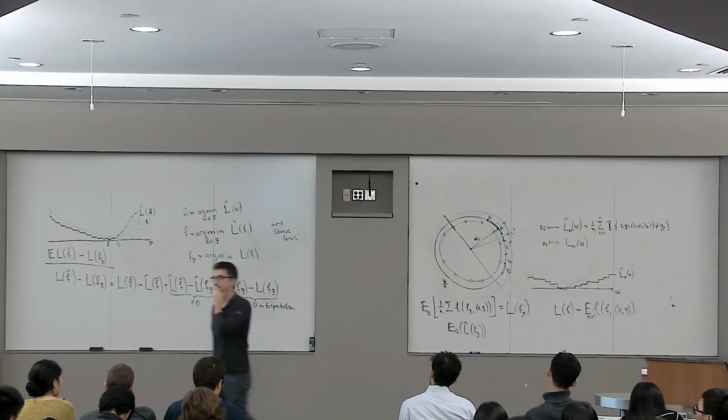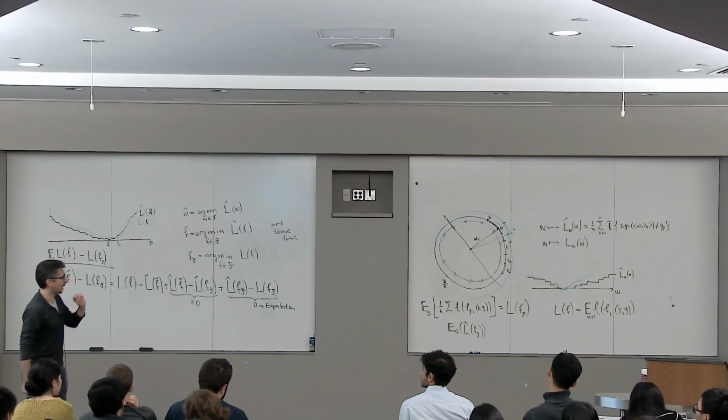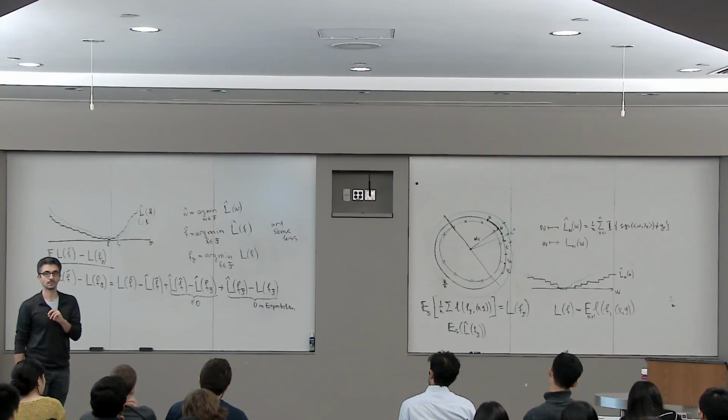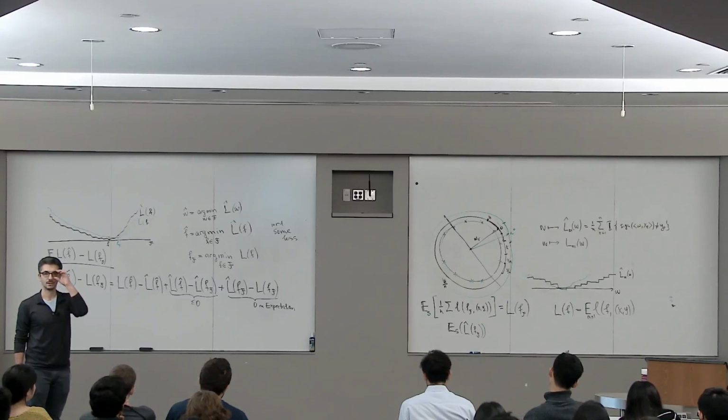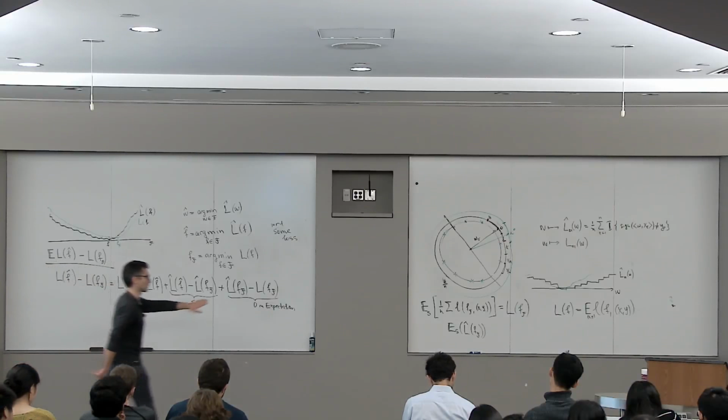So L hat is an unbiased estimator for any fixed function. Is it clear? I'm happy to explain again. Everyone is clear? Okay, I will move on, assuming that you understand this.